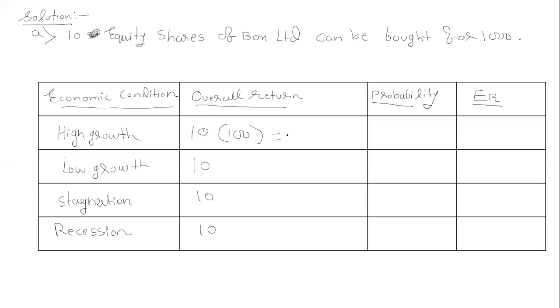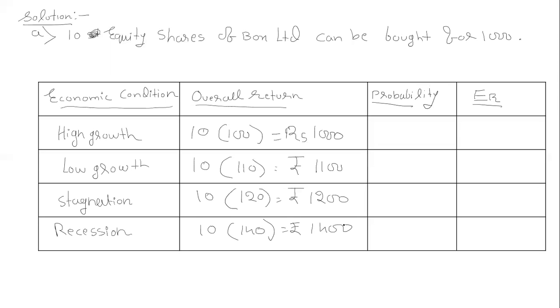So if the return is 100, then the stockholder's earning will be rupees 1000, and in low growth it is 110, so it will be rupees 1100, and in stagnation it is 120, so I will get 1200. And for recession, we get 140, so the earnings will be 1400.